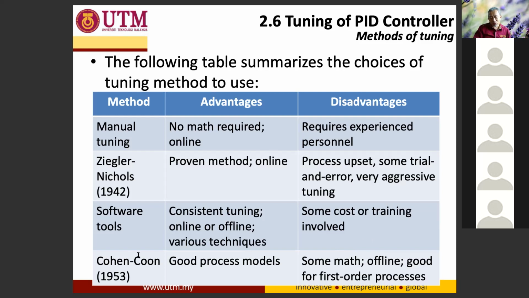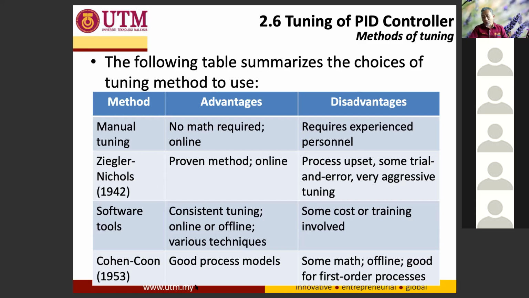The other method is known as Cohen, which was introduced in 1953. This one is not suitable for dynamic systems. Dynamic systems means DC motor, AC motor, something that is rotating or moving. Cohen is usually good for process systems, process models, for example the food industry, pharmaceutical industry, oil and gas.